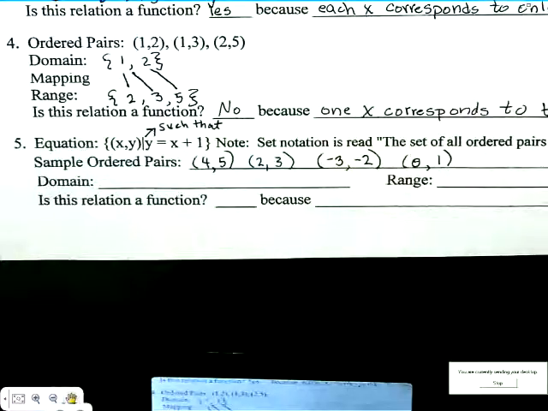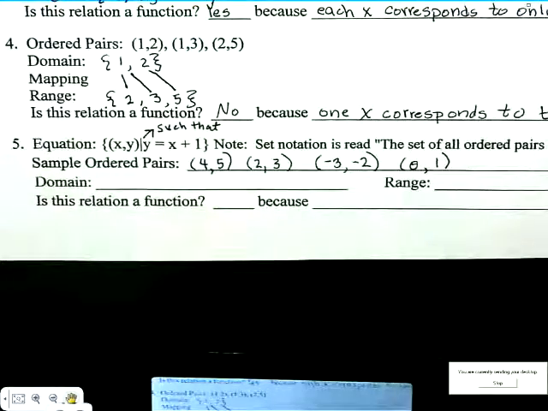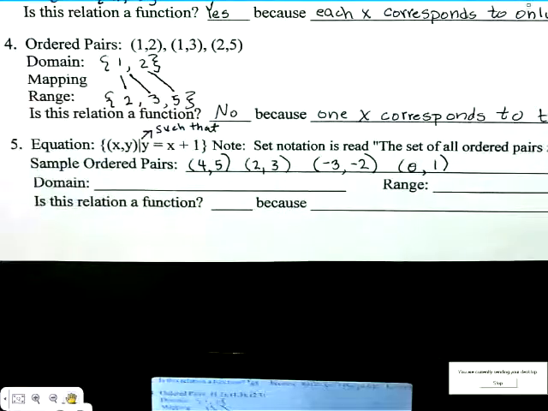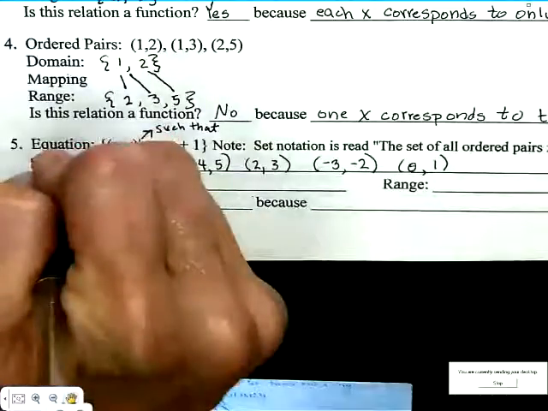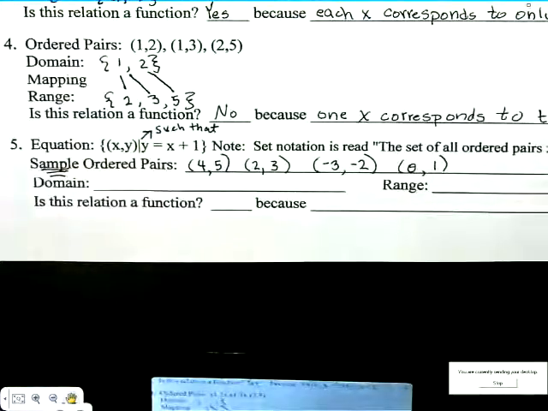What is the domain of that relation? Well, that's the ordered pairs we made up, but how many ordered pairs actually are there that satisfy that equation? There are infinitely many ordered pairs that satisfy that equation. These are just 4 samples we made up, but the domain means anything you can let x be.